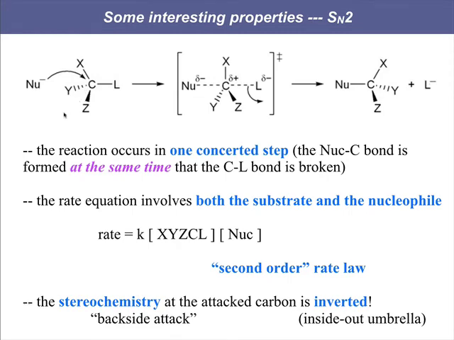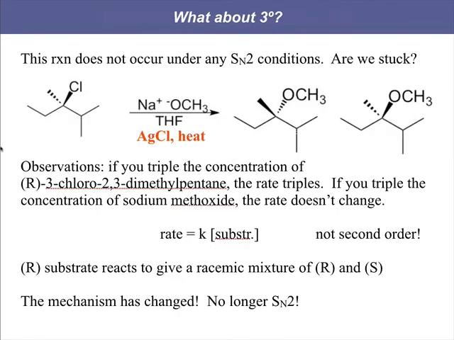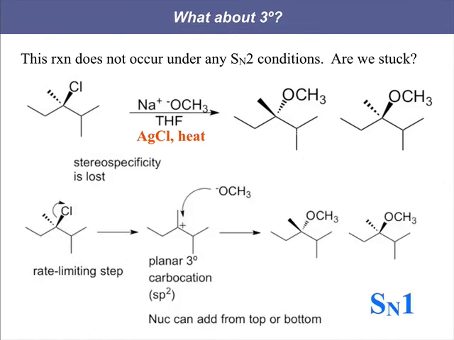So, under the conditions that are good for SN2, SN1 is very bad. And under the conditions that are very good for SN1, SN2 is very bad. Basically, when SN2 can't happen, SN1 can.